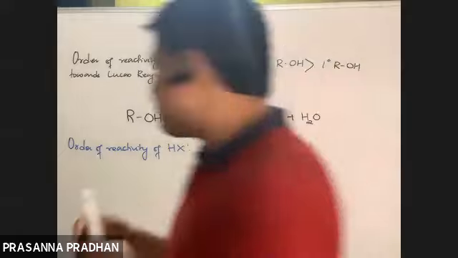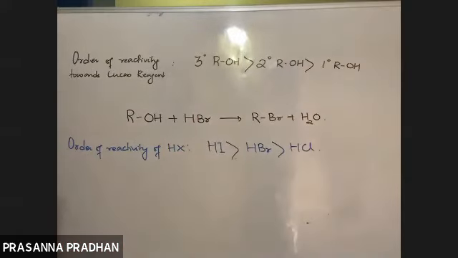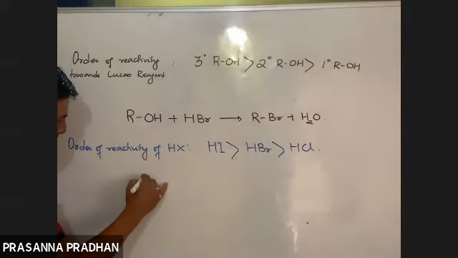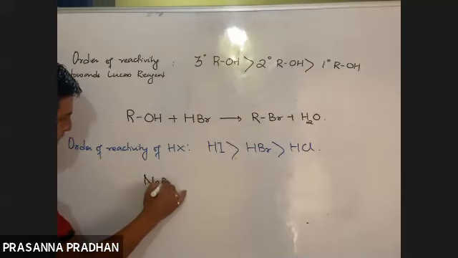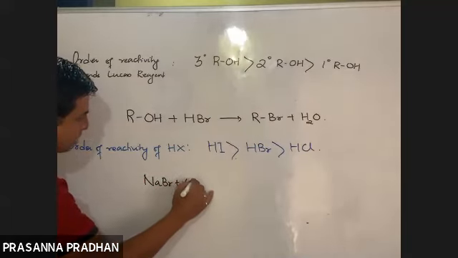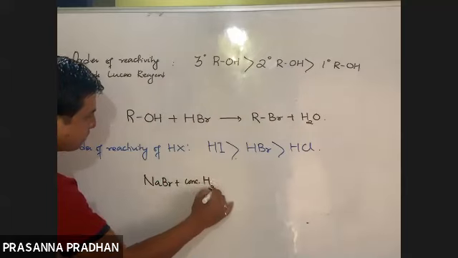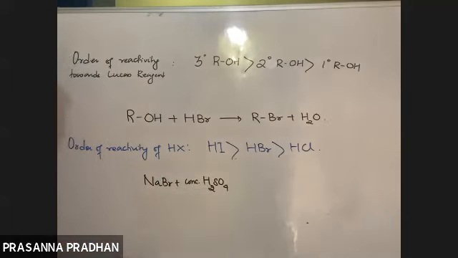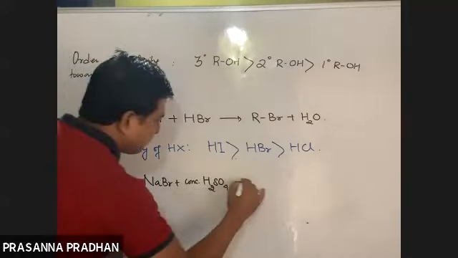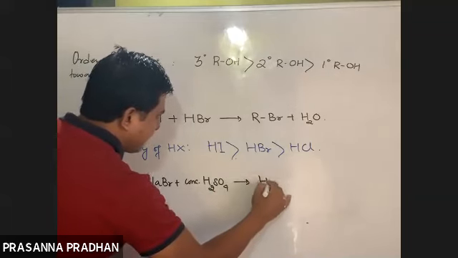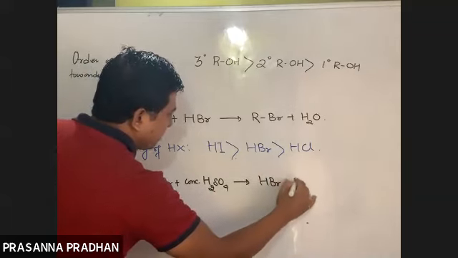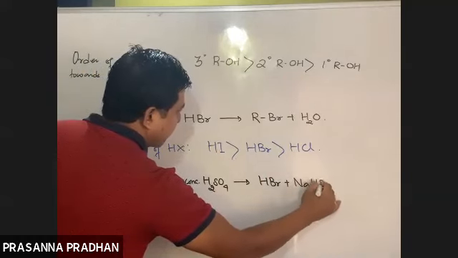So how is HBr prepared? HBr is prepared by treating NaBr with conc. H2SO4. So what do we get? We get HBr plus sodium bisulfate.